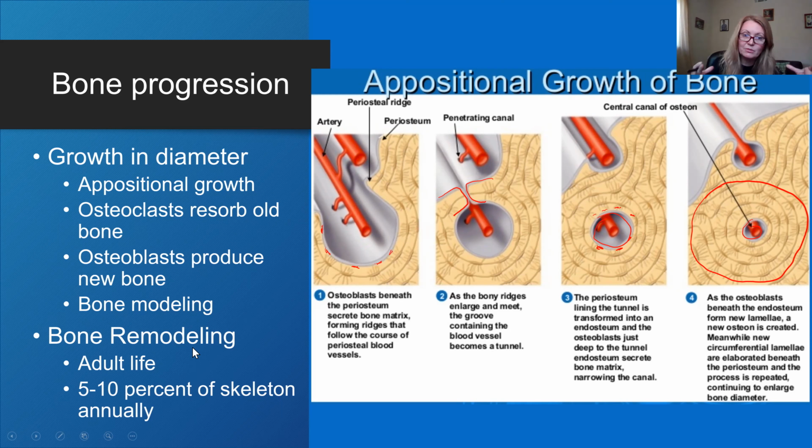So growth in diameter and bone remodeling happens through your entire life. Every year, 5–10% of your skeleton is replaced by new bone. That's really good. It means that it doesn't matter what age you are, you can actually increase your bone mass. If you exercise a lot, if you do weight-bearing exercises, your bone can become stronger. That's a good thing.